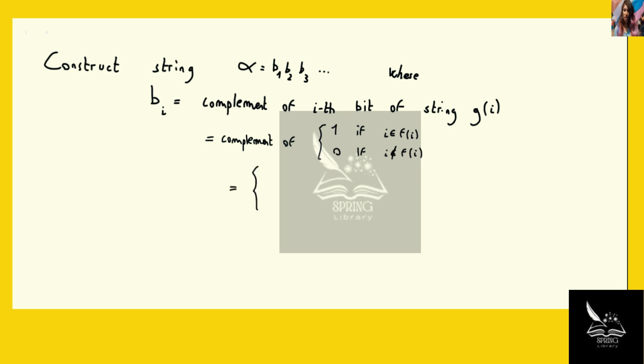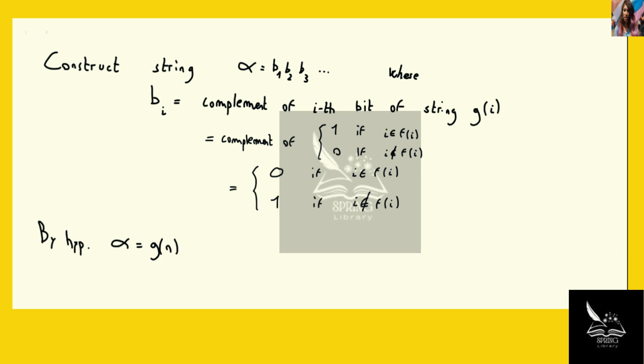And of course, the complement of this is just 0 if i is in F of i, and 1 if i is not in F of i. So the string alpha has the ith bit equal to 0 or 1 according to i being or not in F of i.